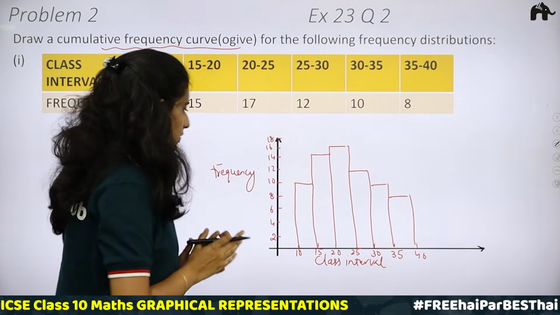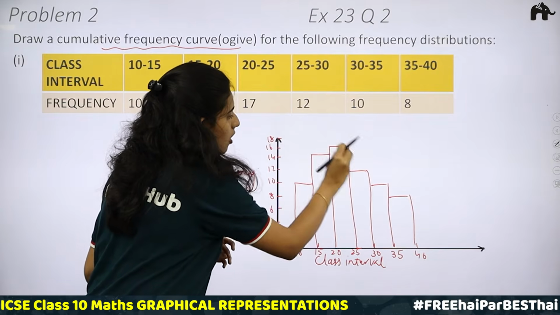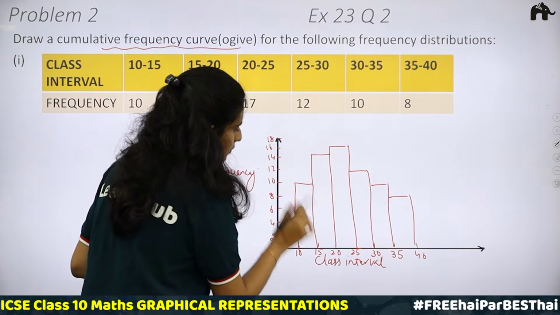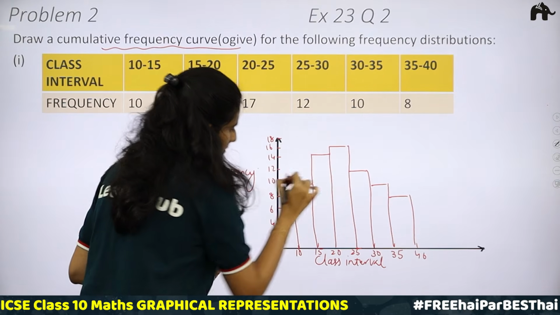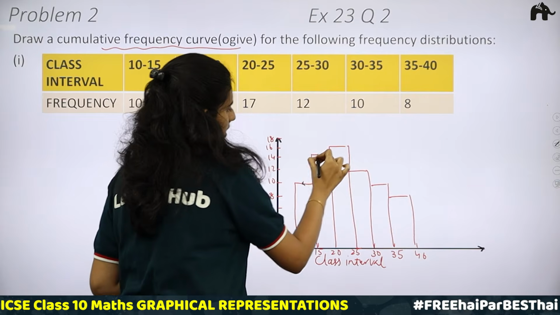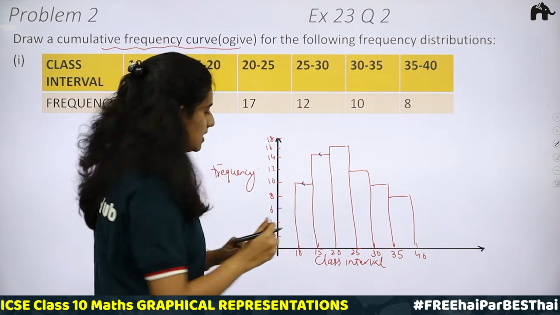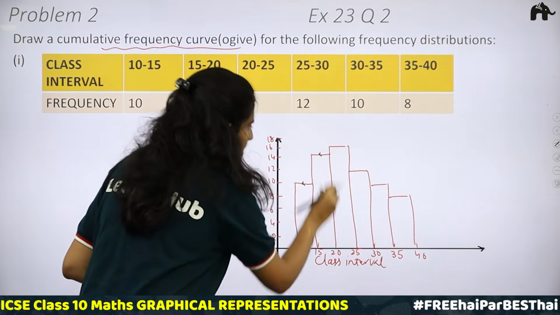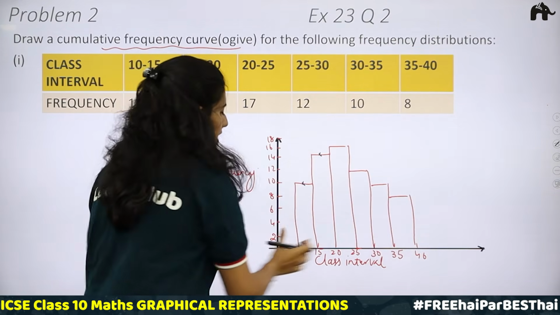Now, what we are going to do is take the middle of all these. When you consider this 10 to 15, the middle will be somewhere here. Next, when you take 15 to 20, the middle is here, that is 17.5. How do we get 17.5?